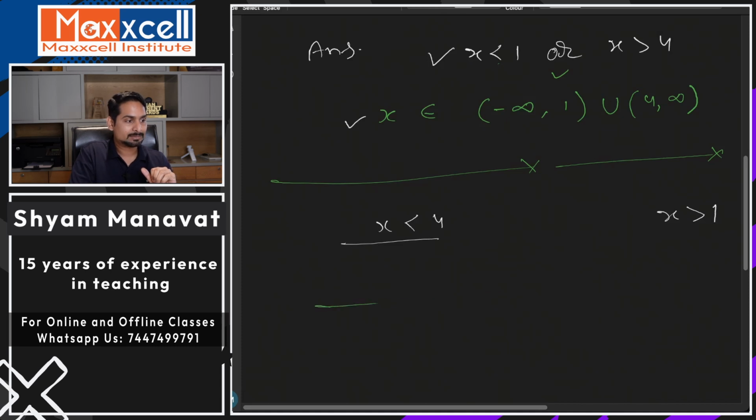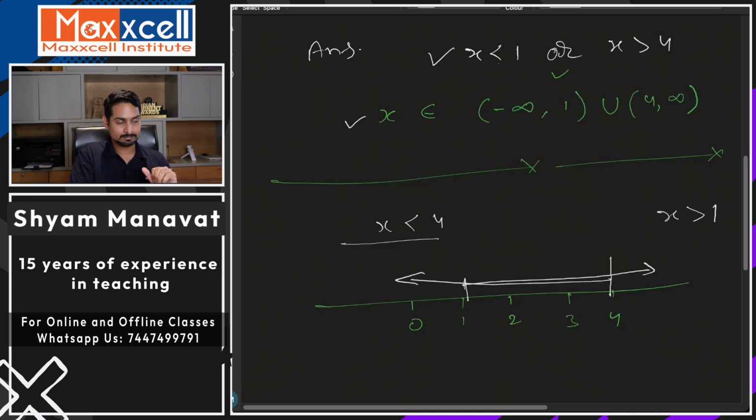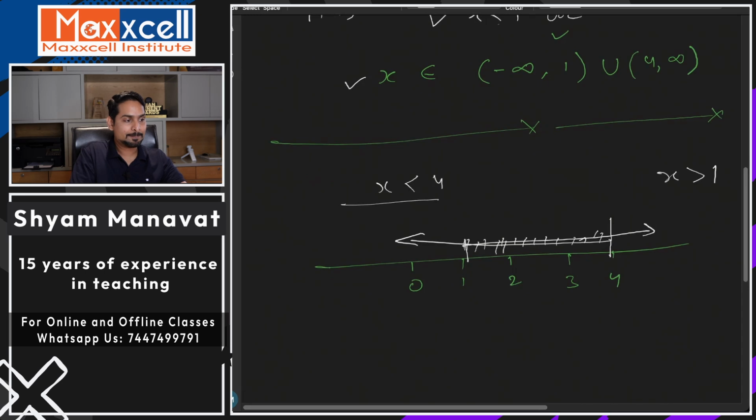Now, if you look at this on the number line 0, 1, 2, 3, 4, x is more than 1 and x is less than 4. In such case you are getting a common solution, which is between 1 and 4. So in that case we say x is more than 1 and x is less than 4.